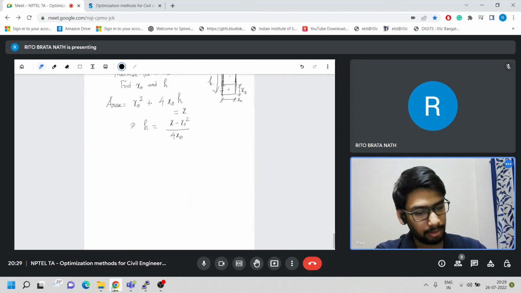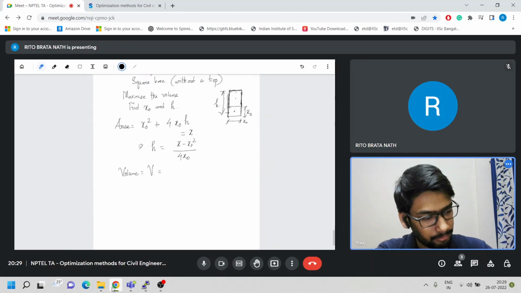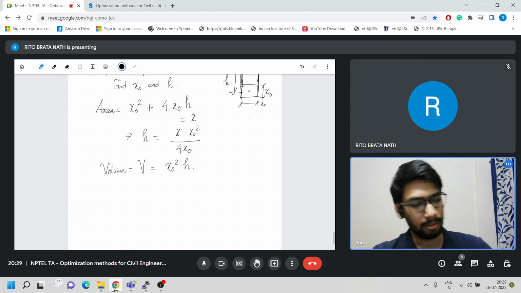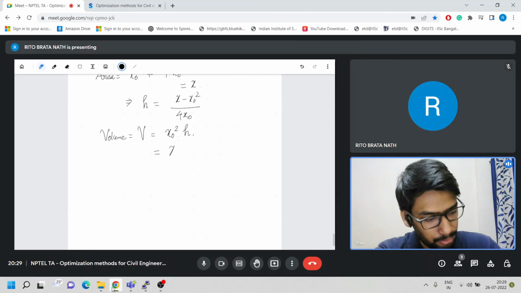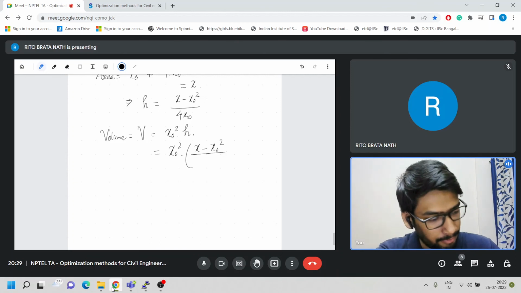And now you can have the volume calculated. Suppose the volume is V. You have the area of the base, which is x naught squared times h. So if you put the value of h, you will get (x minus x naught squared) divided by 4x naught.